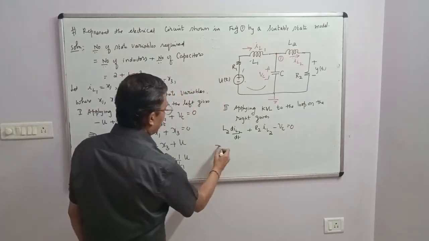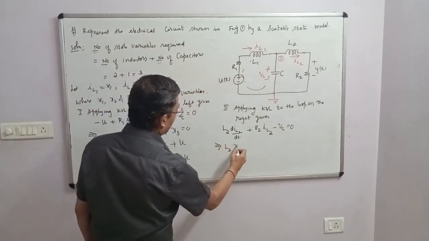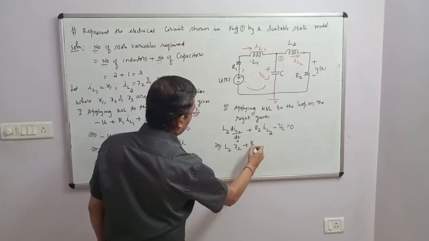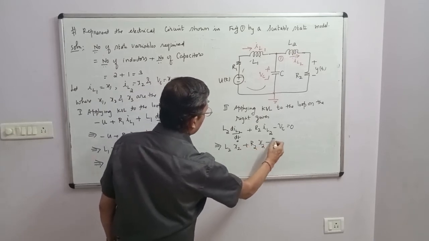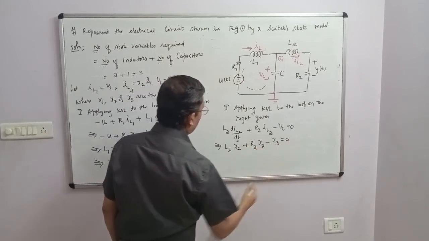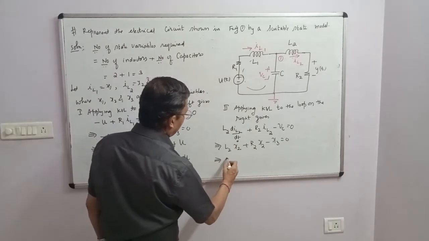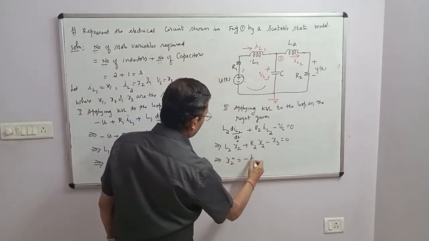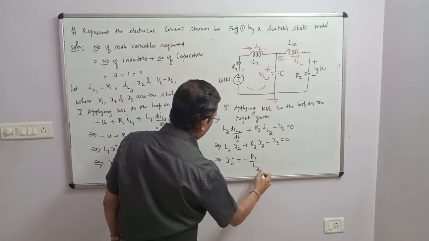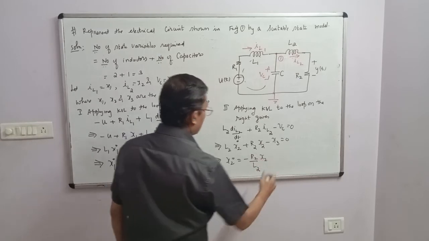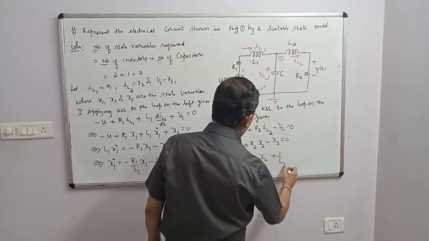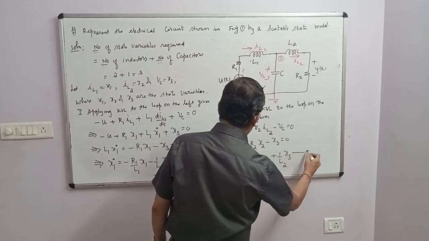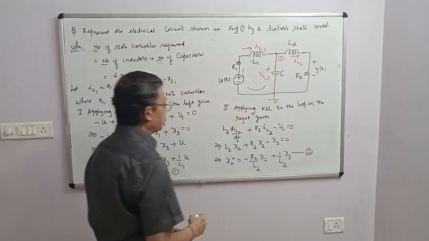This implies L2 into x2 dot plus R2 into x2 minus x3 is equal to 0. This implies x2 dot is equal to minus R2 by L2 into x2 plus 1 by L2 into x3. This is equation number 2.